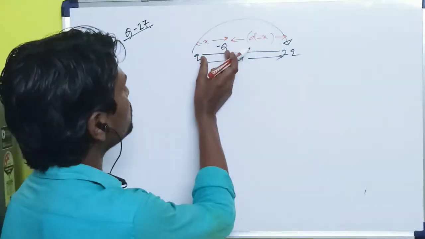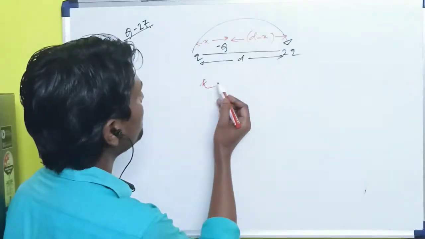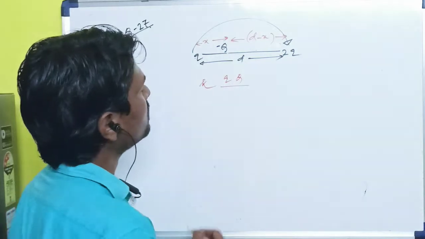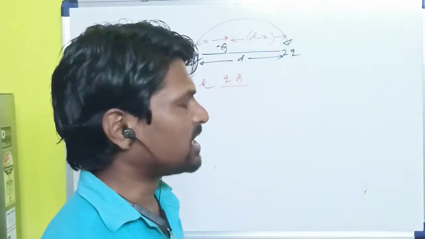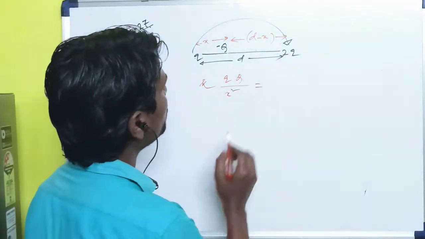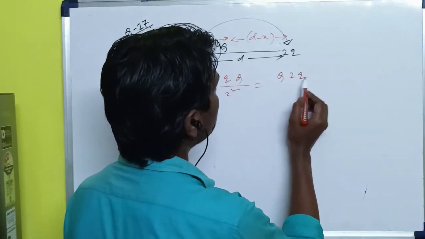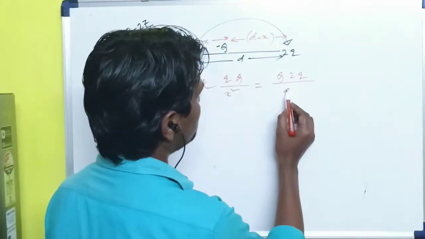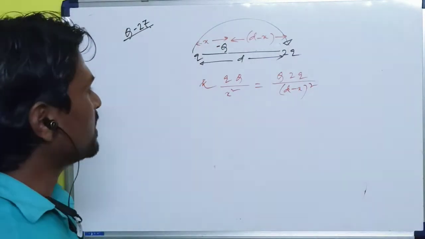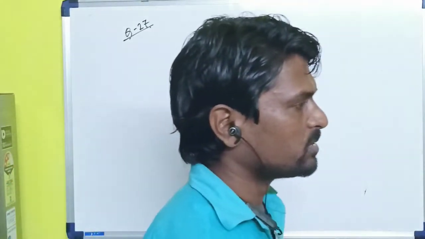So the force between these is the Coulombian force, kappa into Q, and if we take the magnitude, you can just write plus Q. So QQ by x square is equal to QQ by d minus x whole square. There is a trick here. What is the trick? If we expand a minus b whole square, it is a square minus 2ab plus b square.